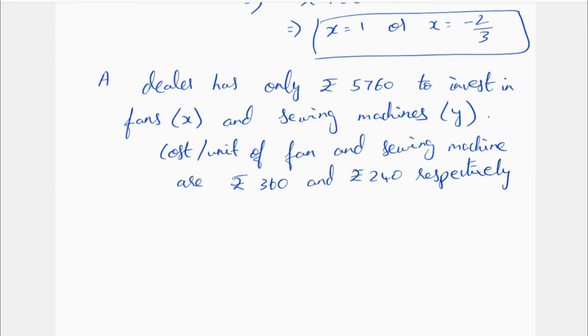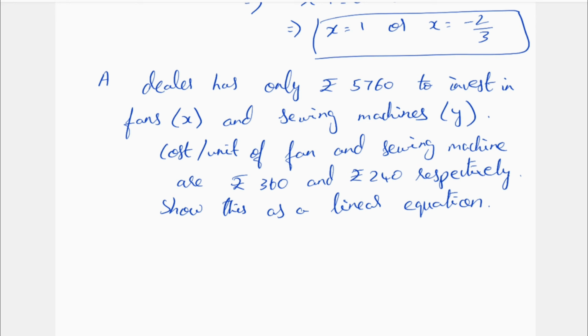Cost per unit is given. Show this as a linear equation. This is what they are asking. It's quite simple actually to formulate a linear equation in two variables: one variable x denoting the number of fans and the other variable y denoting the number of sewing machines.